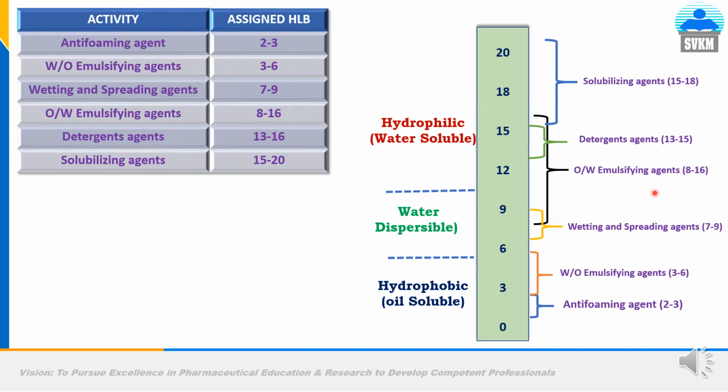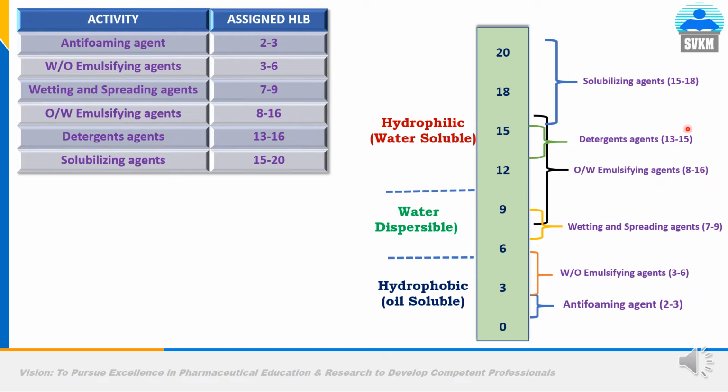And if your surfactant molecule is detergent in nature, it means that its HLB value lies between 13 to 15. So on the basis of HLB value, we can classify the surfactant molecule in different ways: whether your surfactant is a solubilizing agent, a detergent, or a wetting and spreading agent.